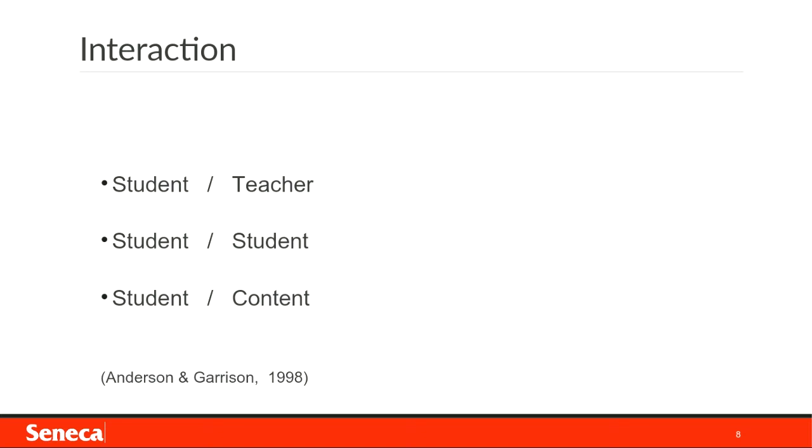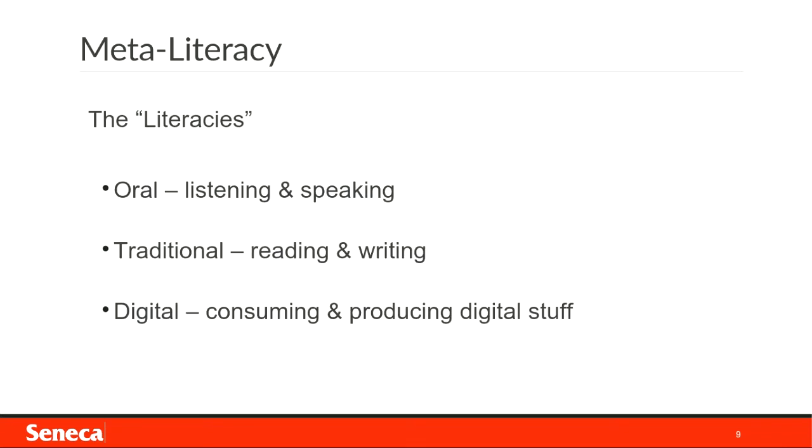The other thing is the notion of meta-literacy, and we'll call these the 3 main literacies. There's many others. I know Seneca has core literacies. There's 10 core literacies, and it's a good idea to take a look at those in terms of additional literacies. But basically, we want to provide opportunities for students for oral literacy, that's listening and speaking, for traditional literacy, reading and writing, and for digital literacy, how do they consume and produce digital stuff?